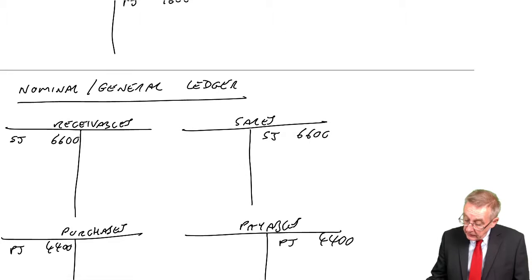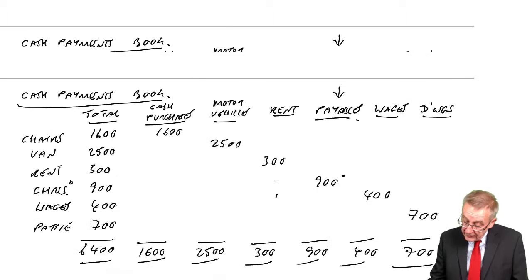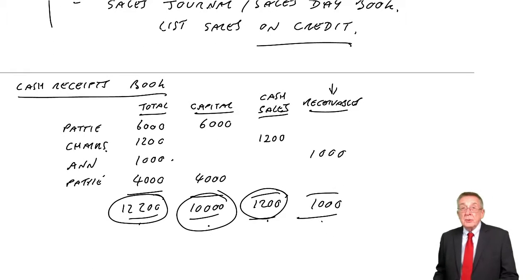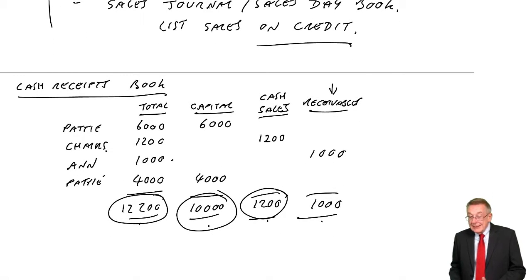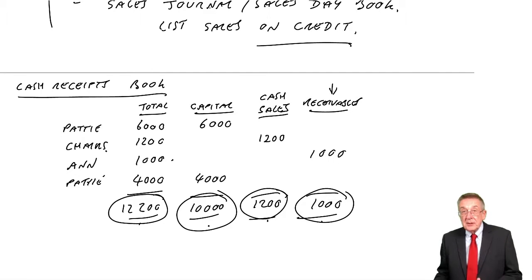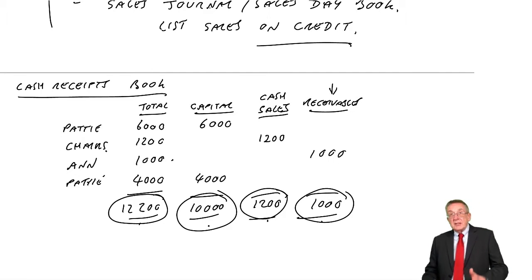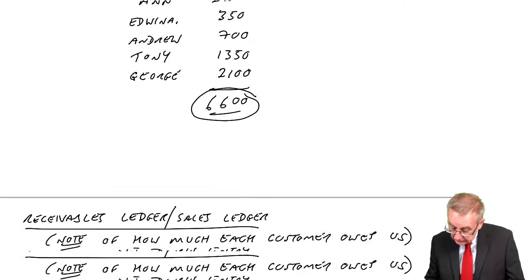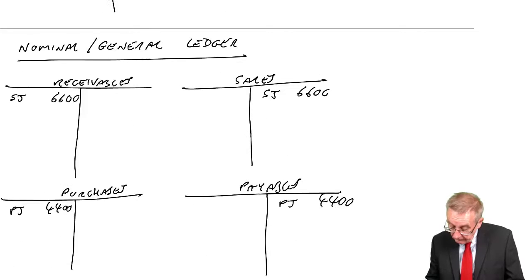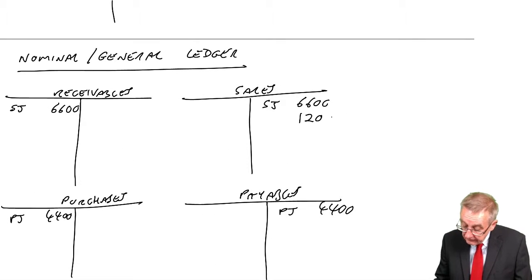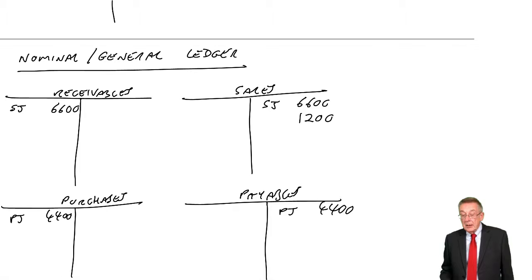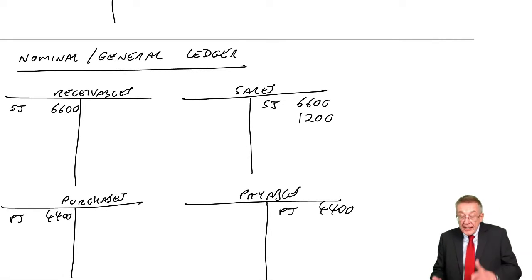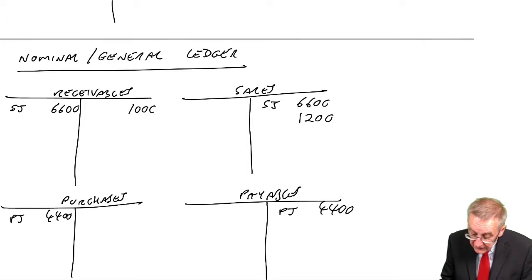I'm sorry, I keep going up and down, but I'll do two at once. 1,200 was cash sales and 1,000 was receivables. So for cash sales we credit sales with 1,200. We've already got a sales account, credit with 1,200. The other 1,000 was receivables: debit cash, credit receivables 1,000.